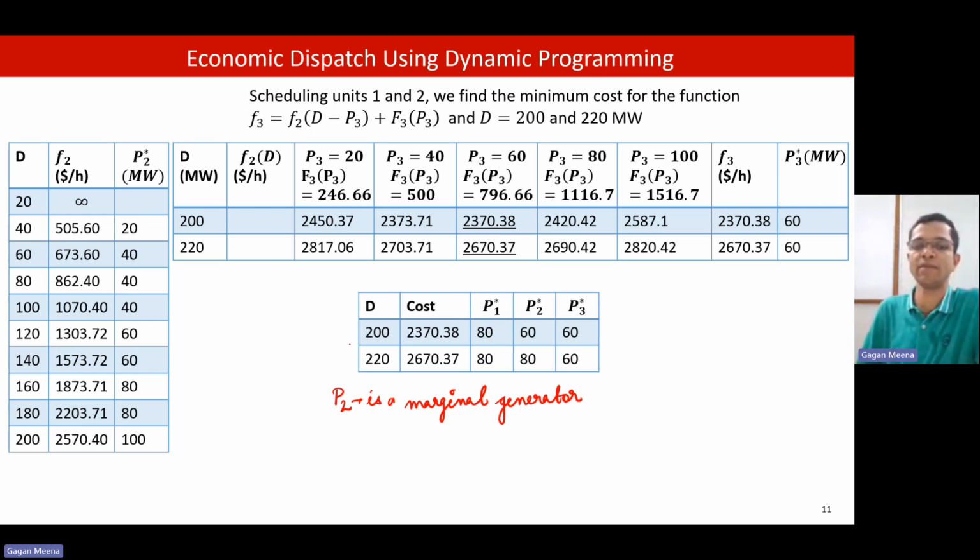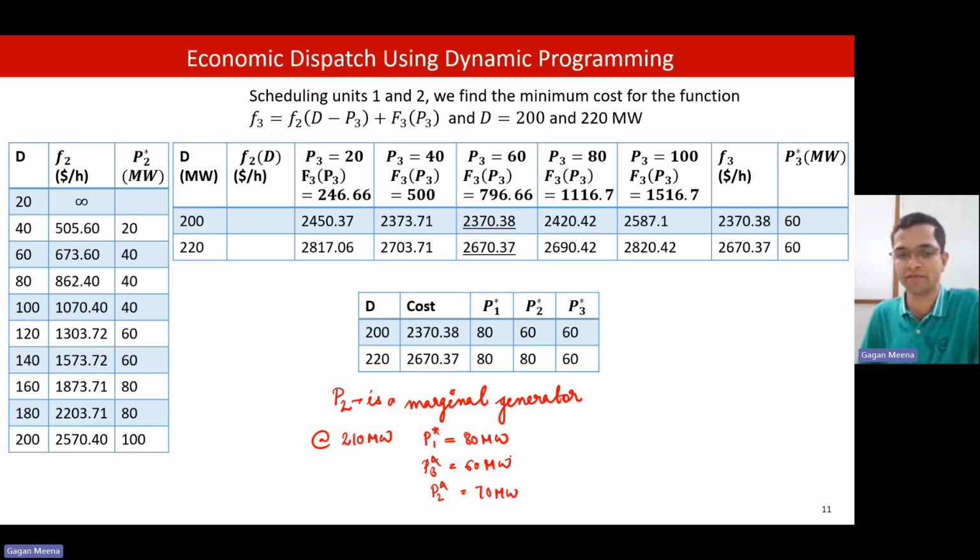Even for in-between values also P1 and P3 will remain the same. For a demand level of 210 megawatt, we can safely conclude that P1 will be 80 megawatts, P3 will be 60 megawatts, and the remaining will be served by P2, 70 megawatt.